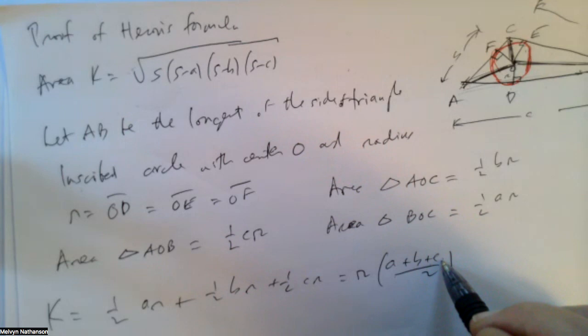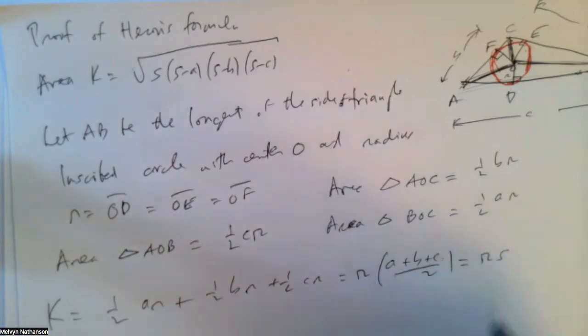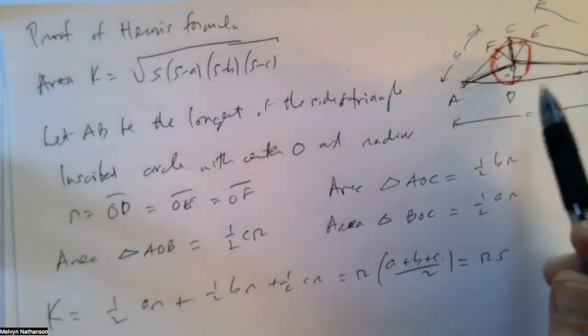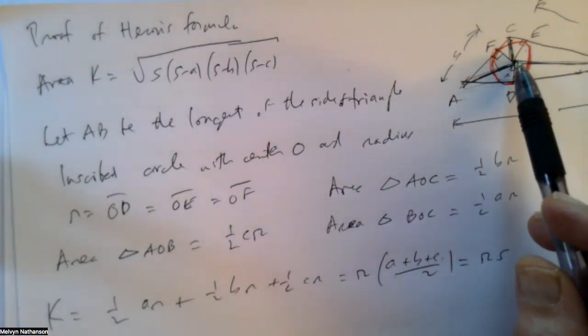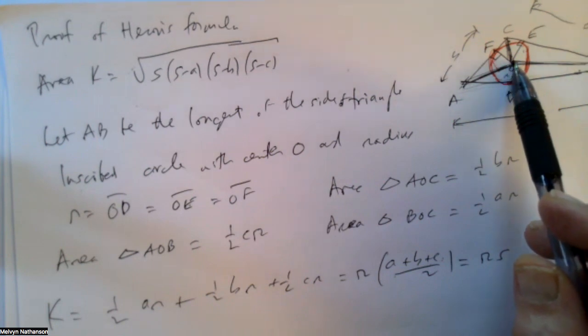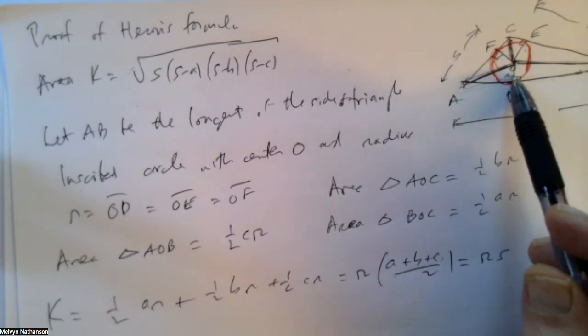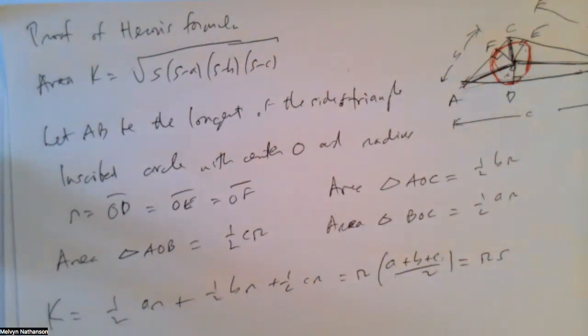A plus B plus C over 2 is half the perimeter, or the semi-perimeter, so that's equal to S. So the area of the triangle is R times S, where S is the semi-perimeter and R is the distance from the center of the inscribed circle to the edges.